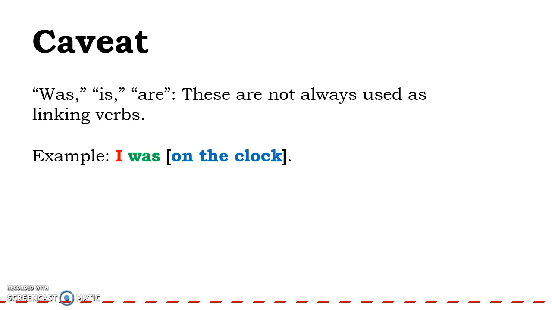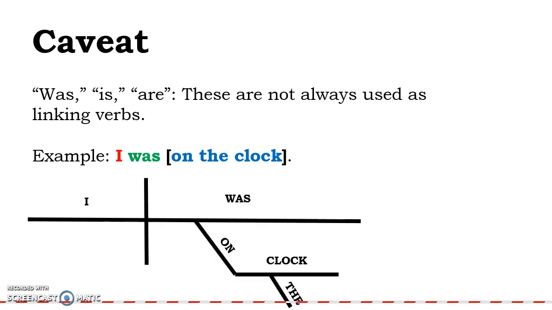I'm just saying intransitively I was, and modifying that statement of being with the prepositional phrase on the clock, used adverbially to express how I was being. I would diagram it like this: I, the subject, was, the verb, and then this descending adverbial structure.